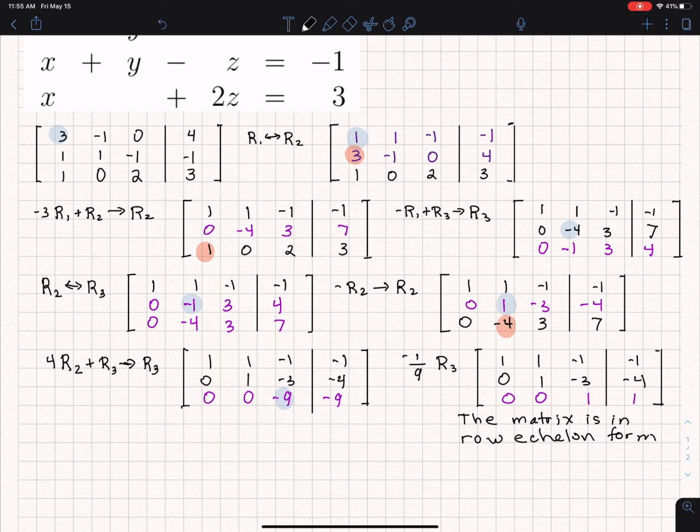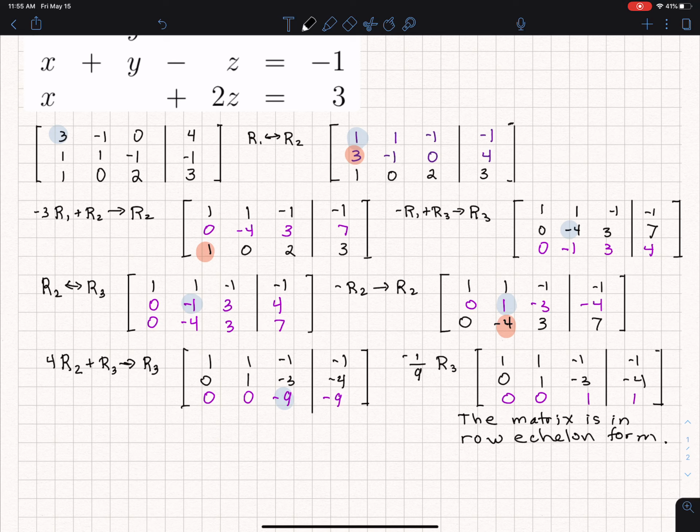Okay, what does that look like? If you go to the first row, the first entry, it's called the lead entry, is a 1. That lead entry has zeros below it, and it is in the far left non-zero column.